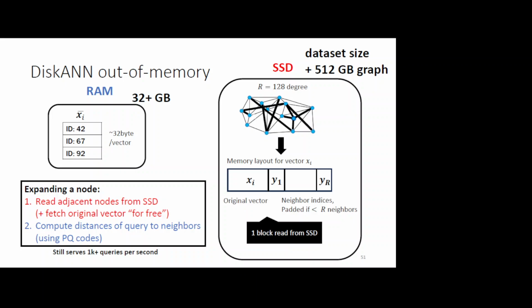So when I check in memory, I will also check in SSD to see who will be my neighbors, and all these neighbors I will load into memory. Then I check their PQ codes again, compute their distance to the query again, and do a sorting.